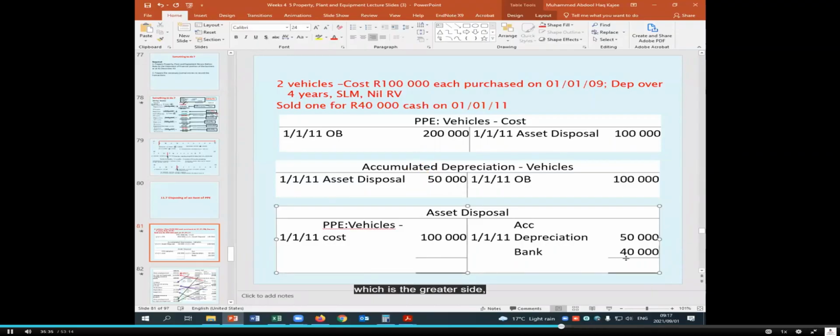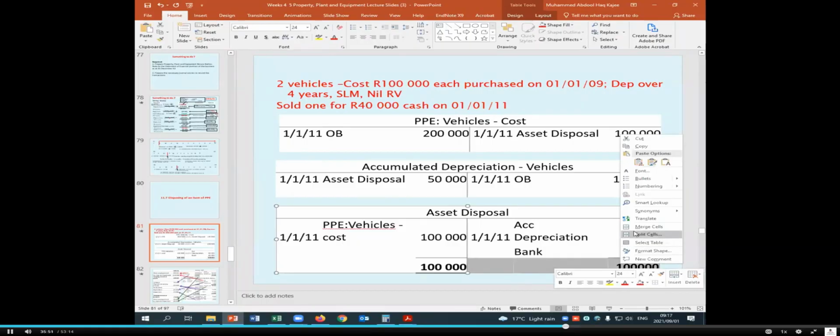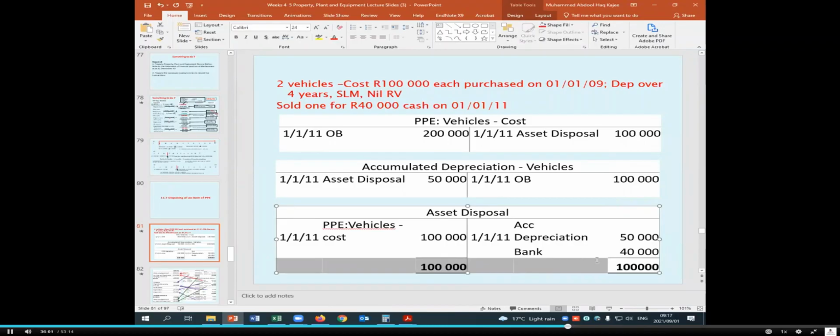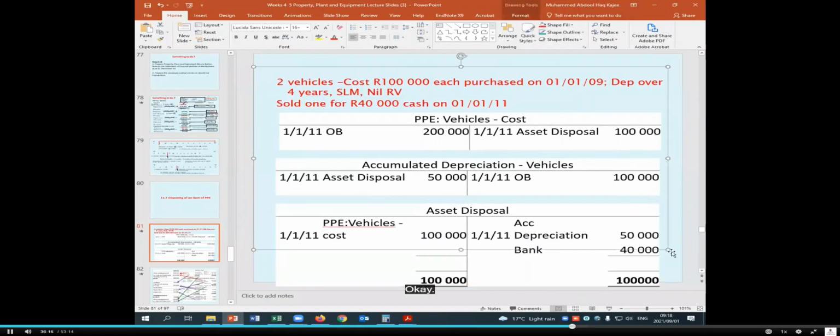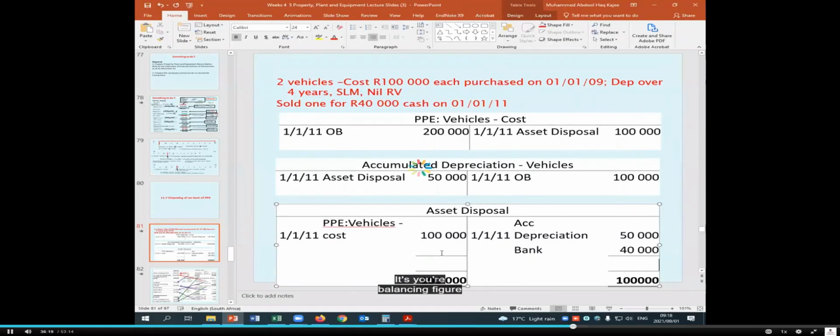Which is the greater side? The 100 or the 50 plus the 40? It's obviously the 100,000.